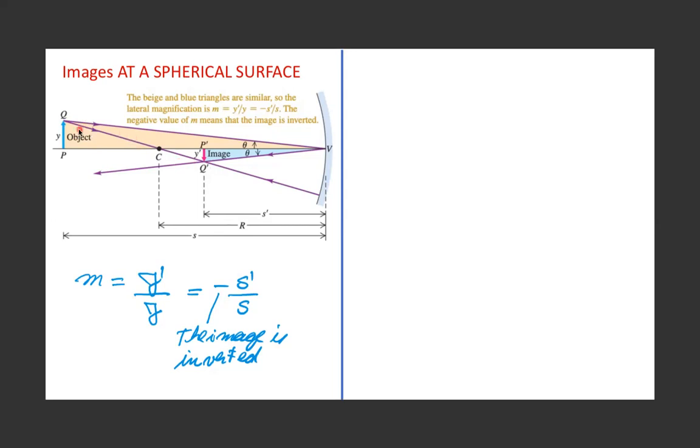One of them is going right through the middle of the mirror here, bounces here, and this angle will be equal to this angle over here. So this triangle actually happens to be similar to this triangle here, meaning there's a proportion between this side and that side.